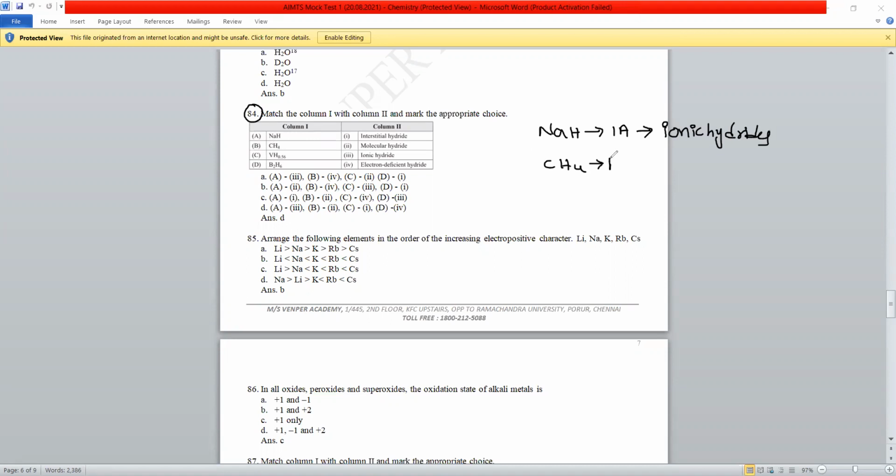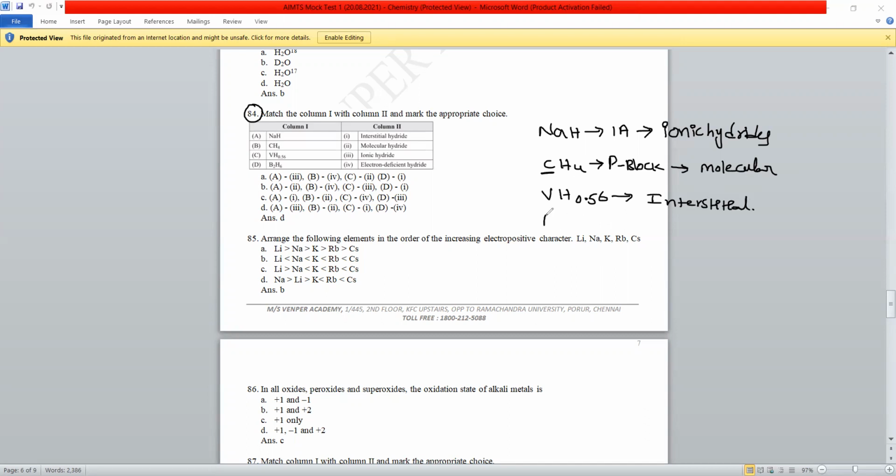CH4 is a p-block group element. The p-block carbon family forms molecular hydrides. Next is VH0.56. In vanadium, 0.56 of hydrogen occupies the spaces. That means these are interstitial compounds.